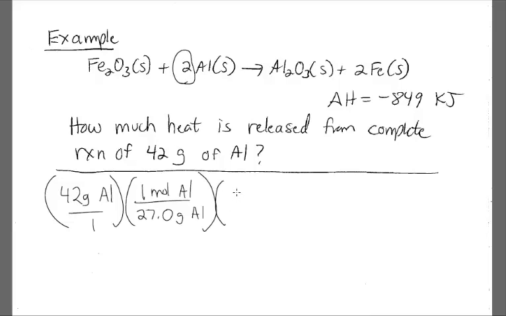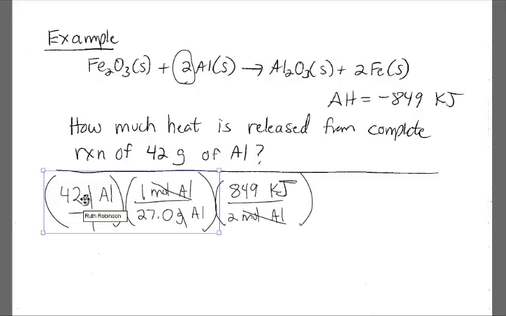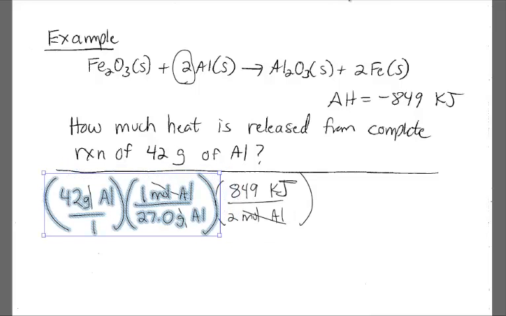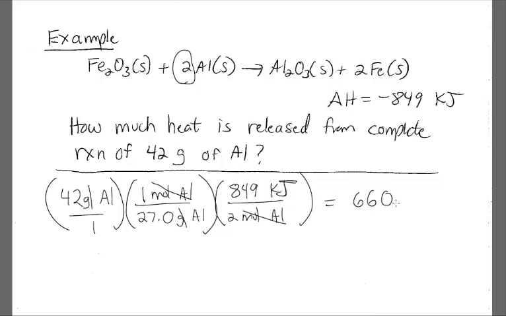So we say the amount that's released was 849 kilojoules per 2 moles of aluminum. So we will cancel the moles of aluminum, cancel the grams of aluminum, and you'll get 660 kilojoules are released.